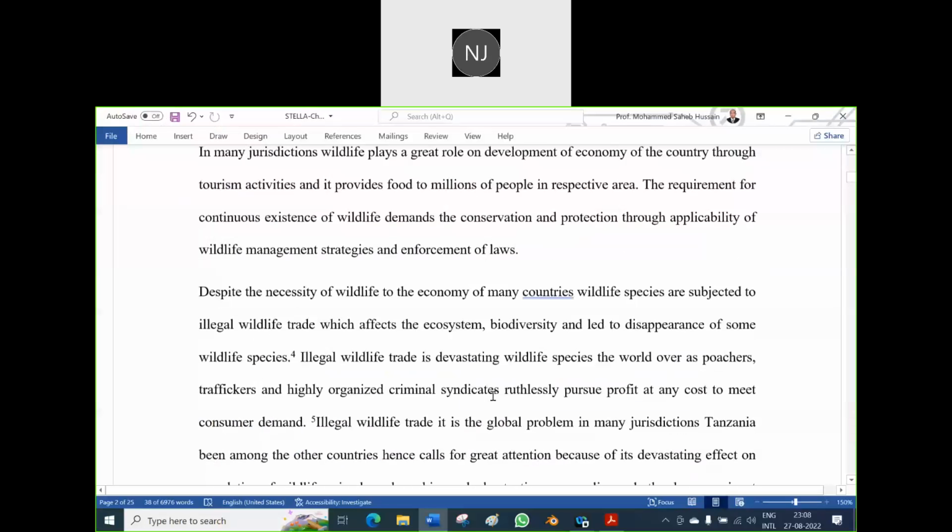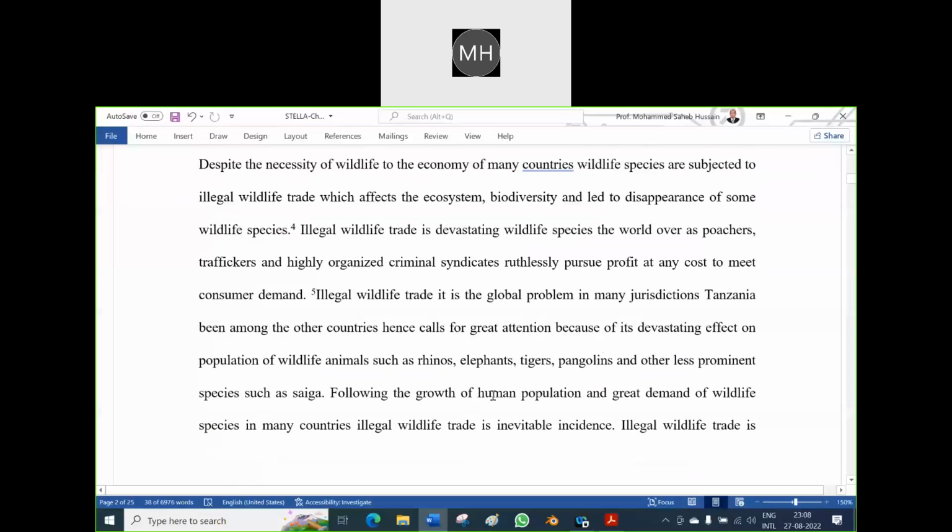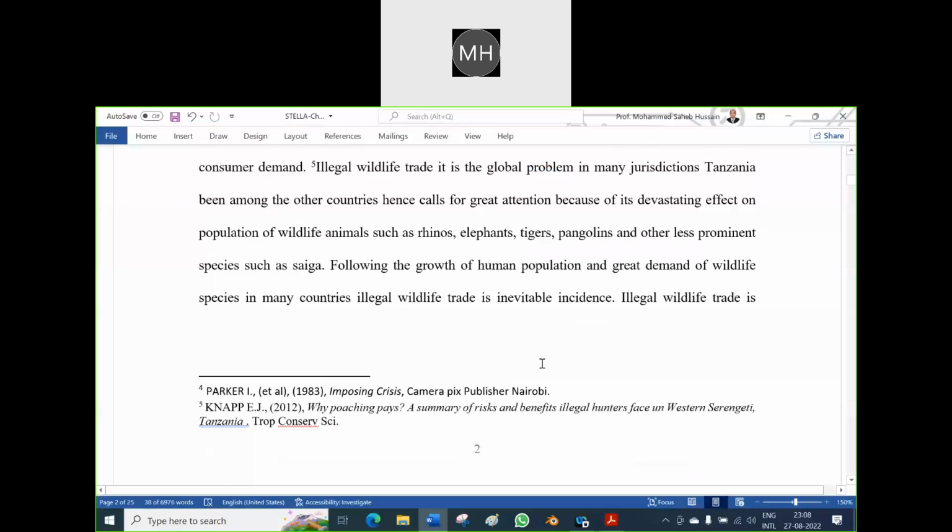So here Stella wrote, illegal wildlife trade is devastating wildlife species in the world over. The poachers, traffickers, and highly organized criminal syndicates ruthlessly pursue the profit. Species such as saiga, following the growth of the human population and great demand for wildlife species in many countries, illegal wildlife trade is an inevitable incidence, and it is conducted for both local trade and mainly for the domestic.